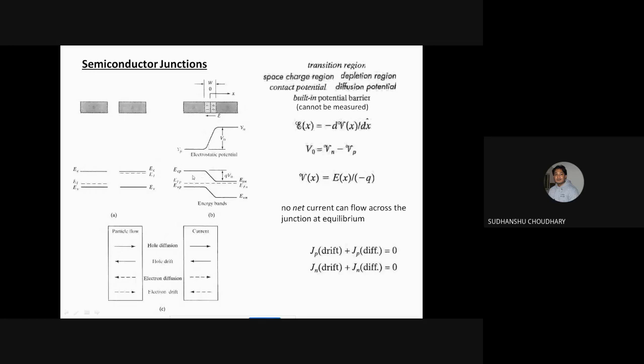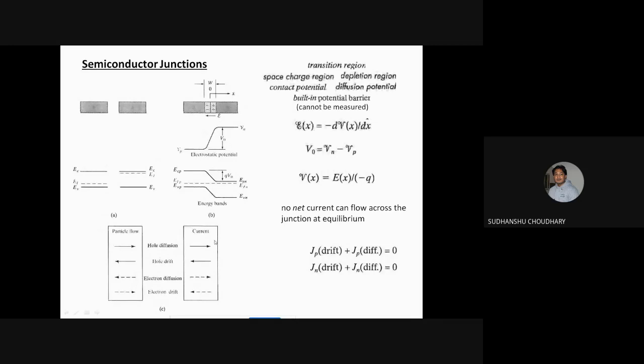And then we also understood the band bending process here. When a junction is formed, the Fermi levels should be aligned, should be the same throughout the device at equilibrium. So we also understood the energy band diagram of this entire device, right?